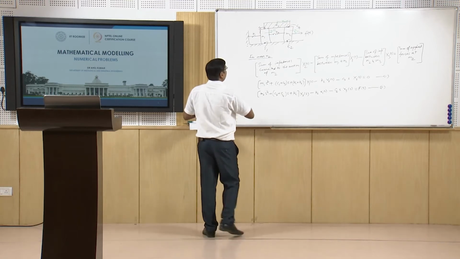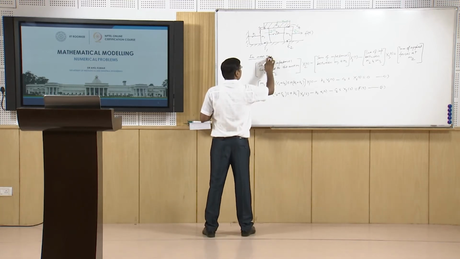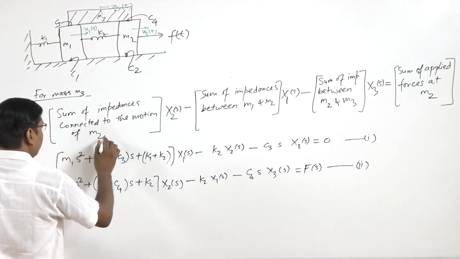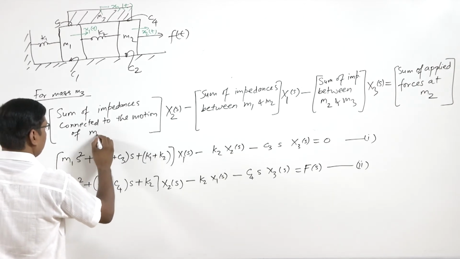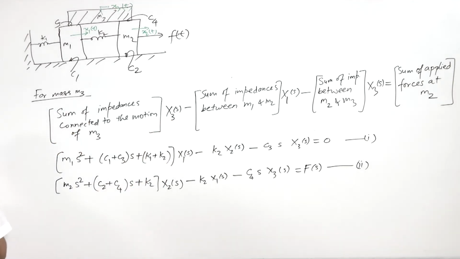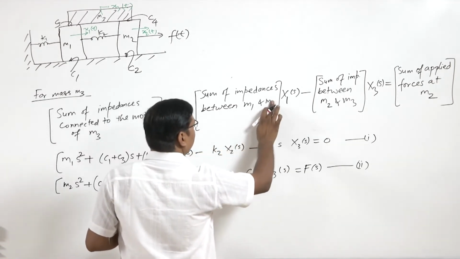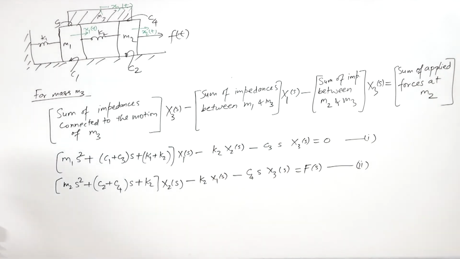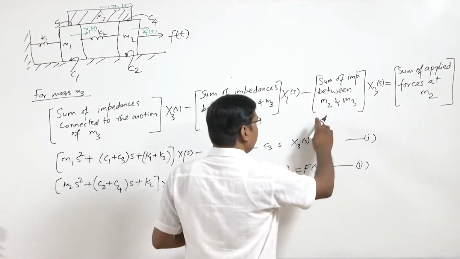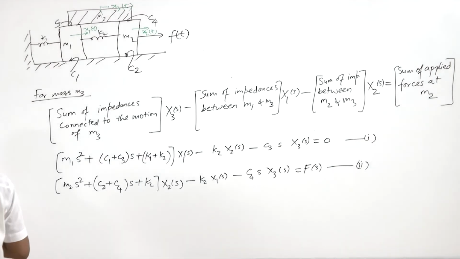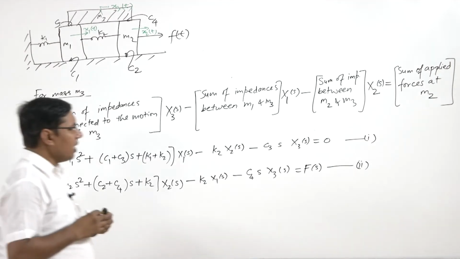Similarly, for mass M3, we have the motion of M3 into X3(s), minus the sum of impedances between M1 and M3 into X1(s), minus the sum of impedances between M2 and M3 into X2(s), equal to the sum of applied forces at M3.